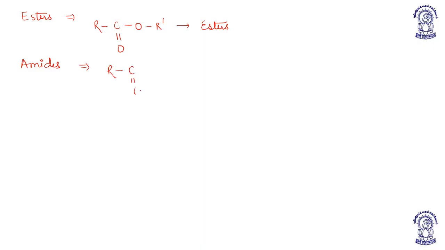Next, we have esters as the derivatives of carboxylic acids. Amides, okay. So these are the different compounds.